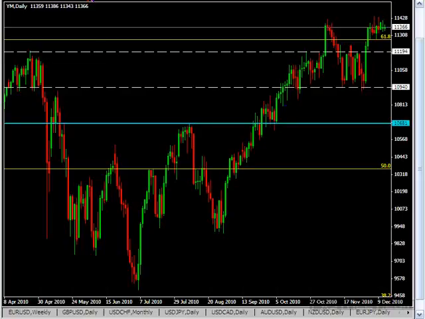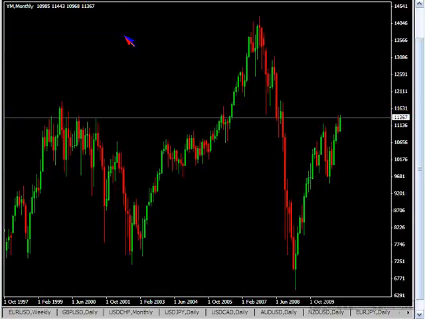But what I'd like to do is just take you through, let me erase all these lines, and really take you through from the beginning what I like to use, a little bit of a system I like to use in terms of the charts. And I think it's a good habit to go through the charts on a daily basis. When you turn on the computer, revisit the charts to refresh your memory of where the market sits in its position, because it's so easy, once we get started trading, to get lost in the short-term charts.